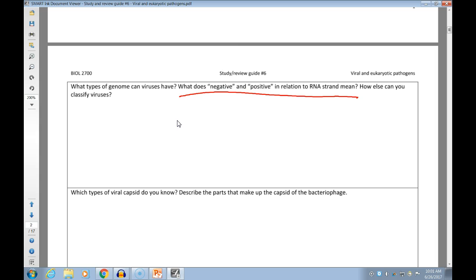Other classifications, route of infection or route of transmission. Types of viral capsids, the three that we talked about: complex, helical, and icosahedral. Okay? Parts that make up the bacteriophage: tail fibers, tail pins, and the head of the capsid. The head of the phage. That's it. That's all you have to know.